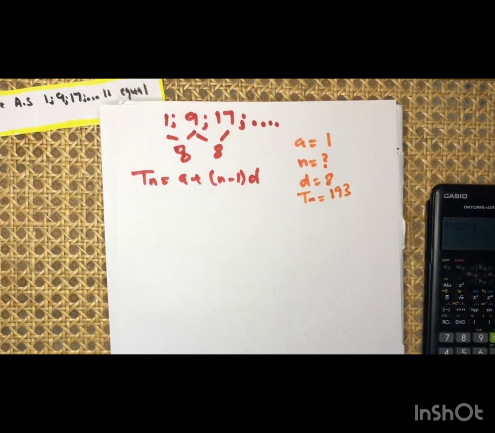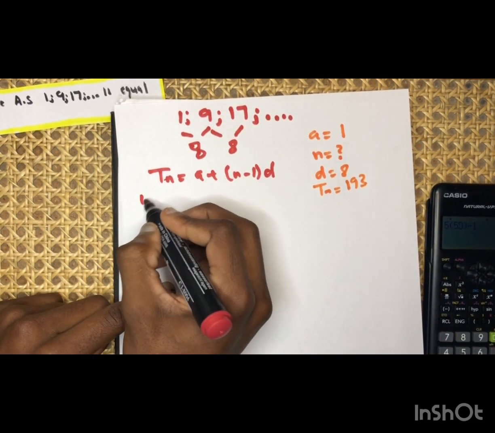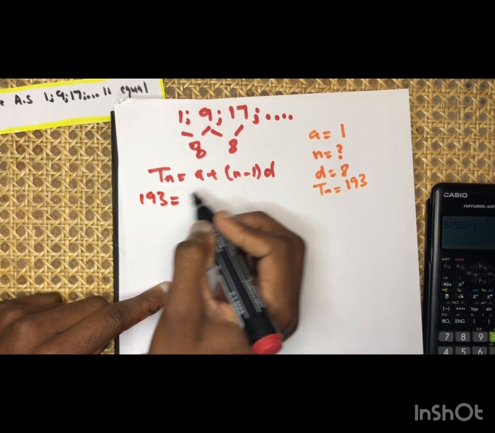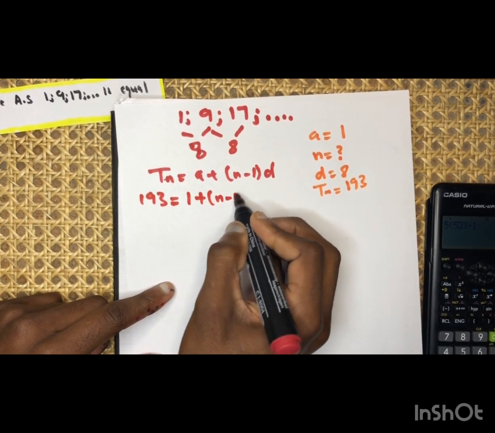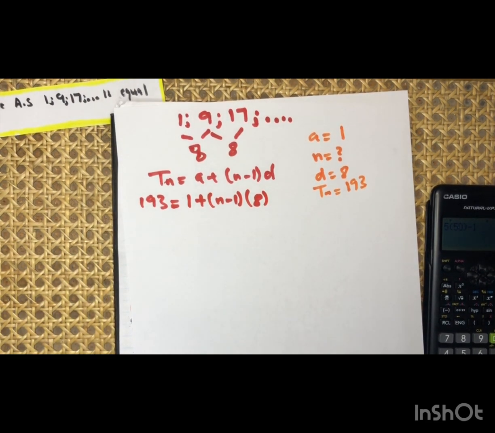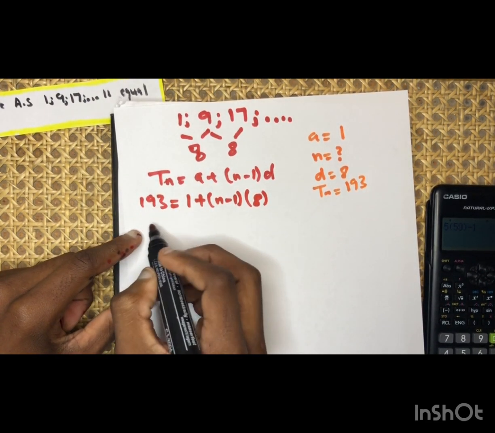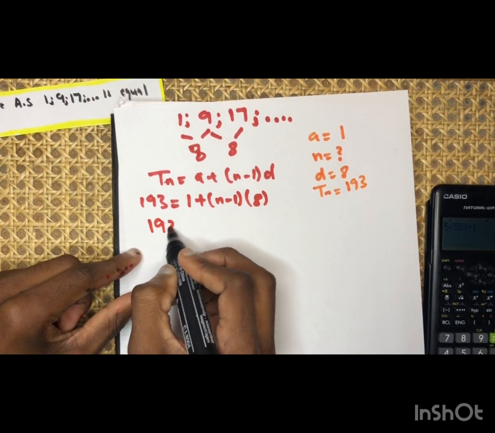For n. So in place of Tn, I'm going to substitute 193. So what is your A? Your A is 1 plus n minus 1. Your D is 8. Now we're going to transpose this 1 to that side. So if I say 193 minus 1, we get 192.